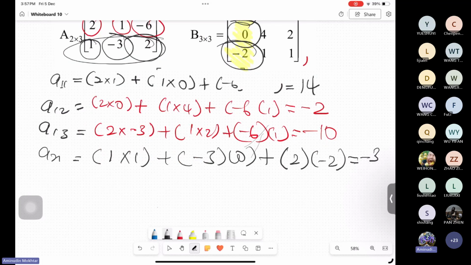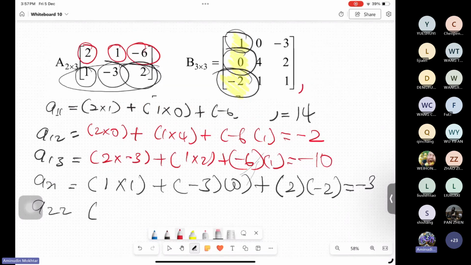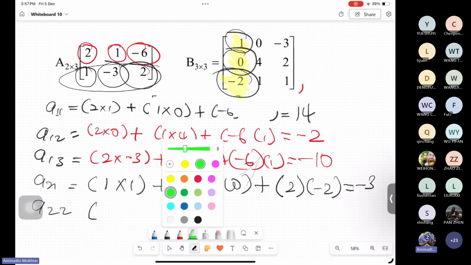Okay, again 2 times 2. Now we refer to the second column of A and the second column of B. This one.